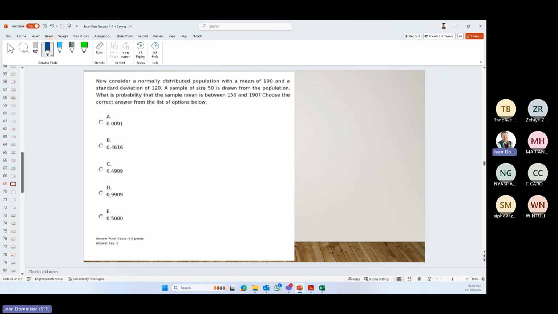Now, a very similar type of question. A normally distributed population with a mean of 190, standard deviation of 120, and sample size of 50.